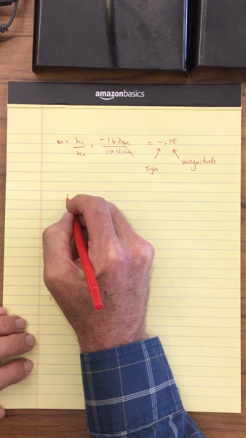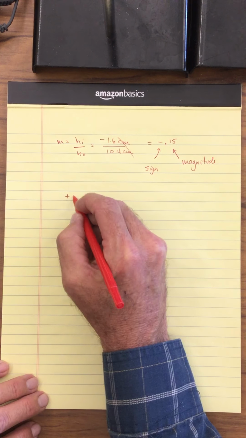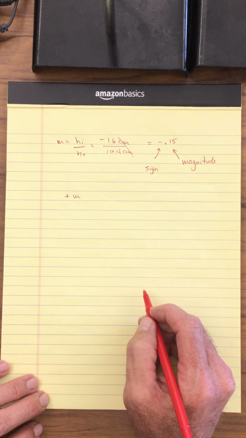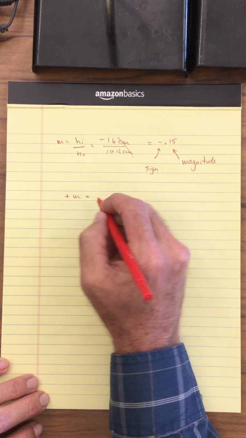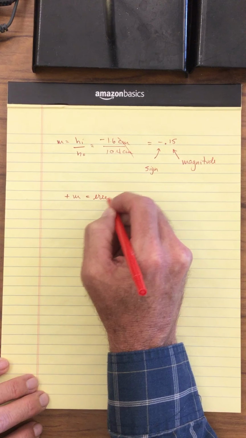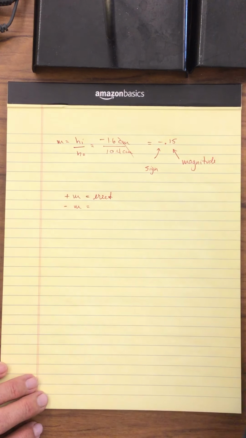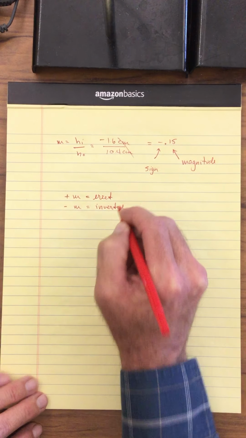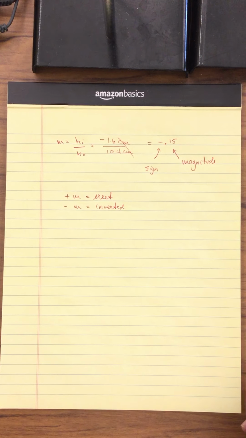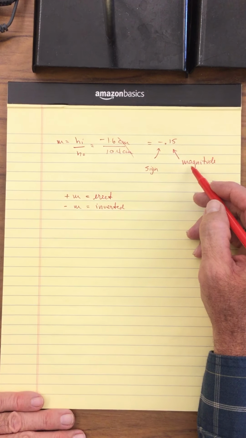If I have a positive magnification, that means my image is going to be upright or erect. If I have a negative magnification, that means the image is going to be inverted. That's the sign.